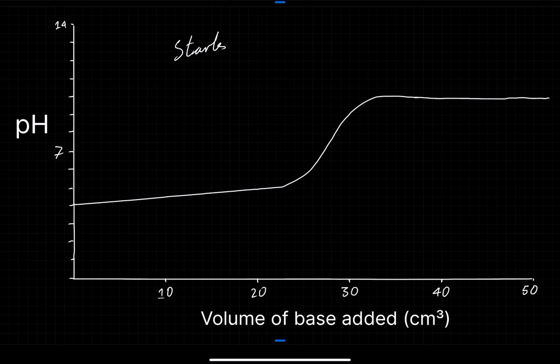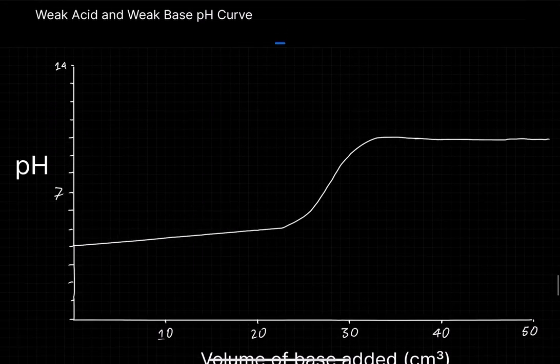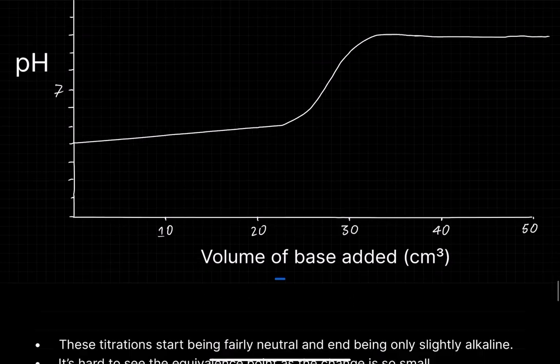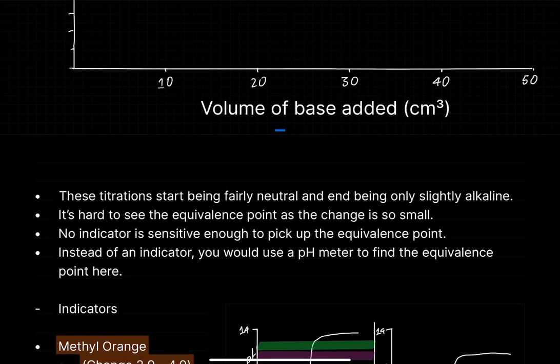The only thing I could say is that it starts at a higher pH than we usually expect, and ends at a lower pH than we usually expect, because we're using a weak acid which has a higher pH than 1, but obviously it's still going to be lower than 7, and then we have a weak base that's higher than 7 but not greatly higher. So it stays pretty much neutral throughout the entirety of this practical.